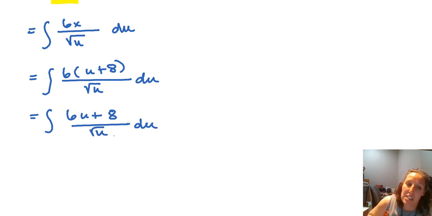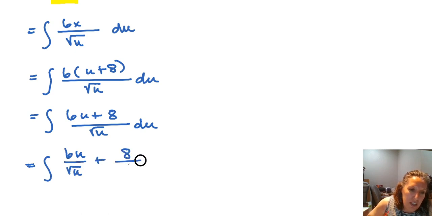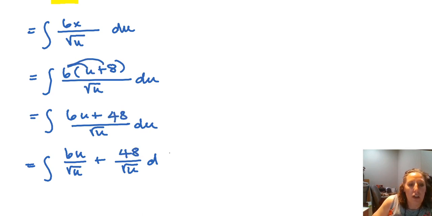So we can do the opposite of adding fractions and actually break this up and write this as 6u over the square root of u plus 48 over the square root of u. That should be 48. Sorry about that. When we distribute that 6, we need to distribute it to everything.